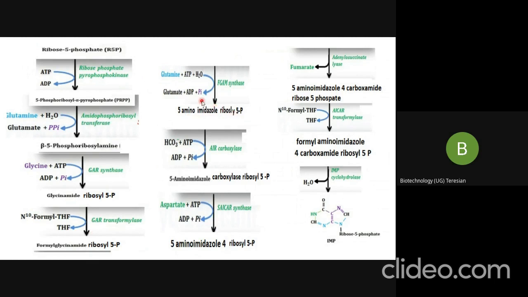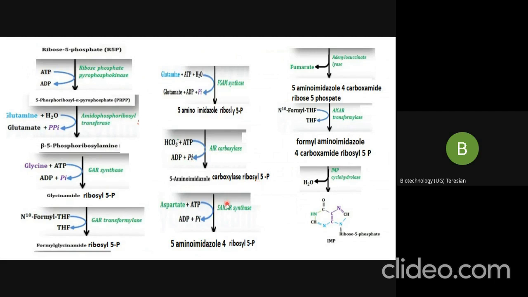So we have utilized two glutamines, that is in this step, and this is the second step. This is followed by incorporation of carbon dioxide. The reaction is a carboxylation to yield 5-aminoimidazole carboxylate ribosyl 5-phosphate.